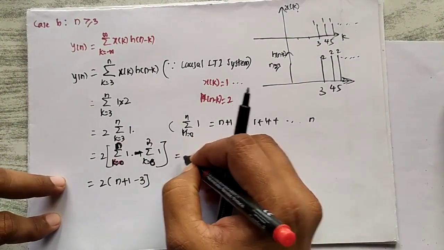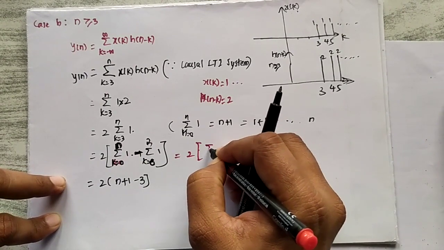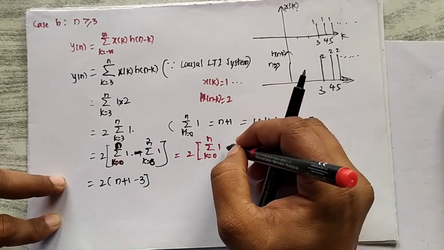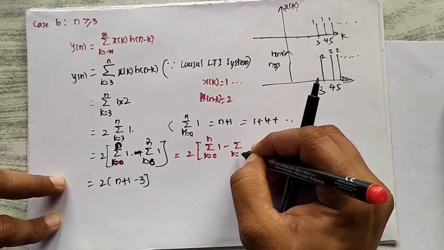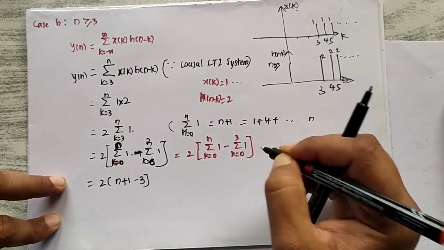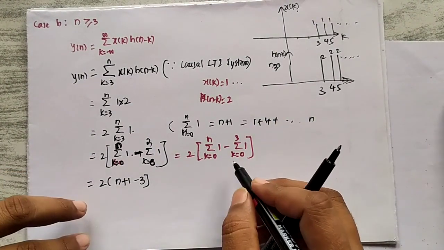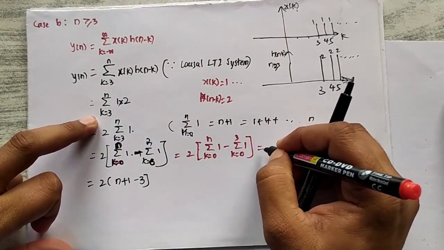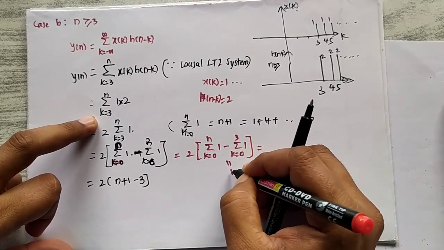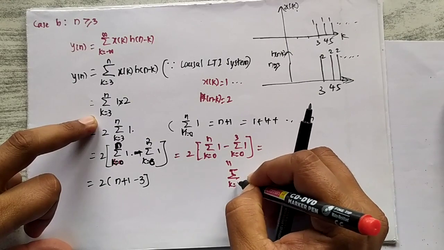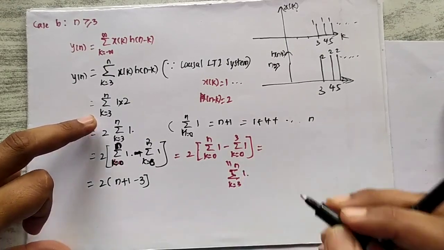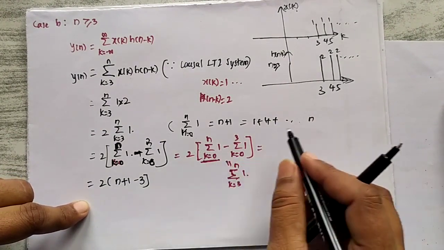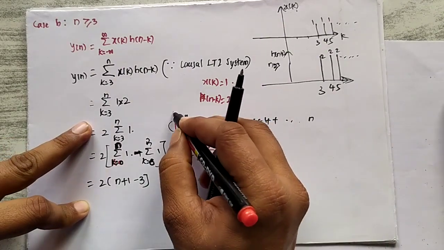I will write it once again here: summation k equal to 0 to n minus summation k equal to 0 to 3 of 1. This is nothing but summation k equal to 3 to n. We have the expression for summation k equal to 0 to n of 1, which is n plus 1.